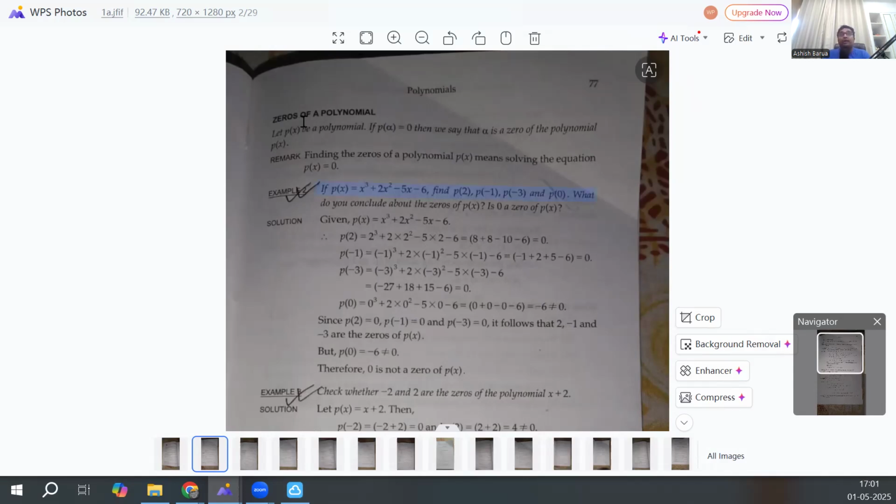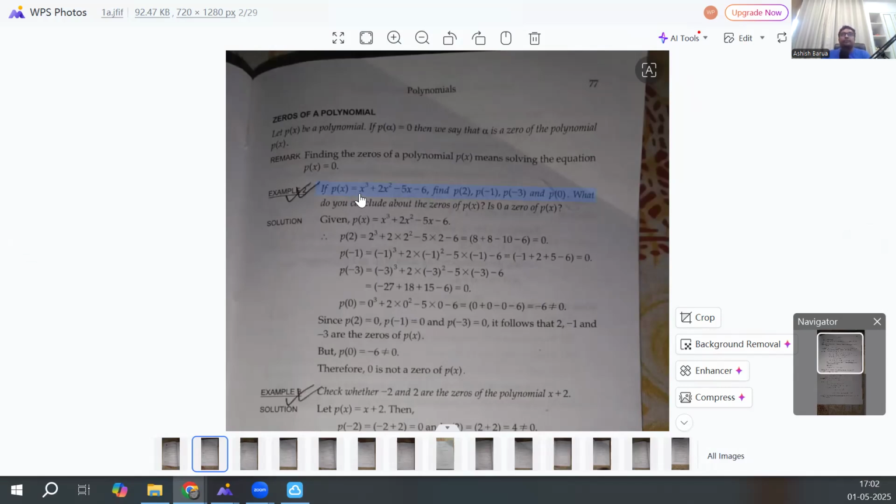Now here what we are trying to understand is the concept of zeros of a polynomial. Zeros of a polynomial means what are the different values of x which will make the value of this polynomial 0.